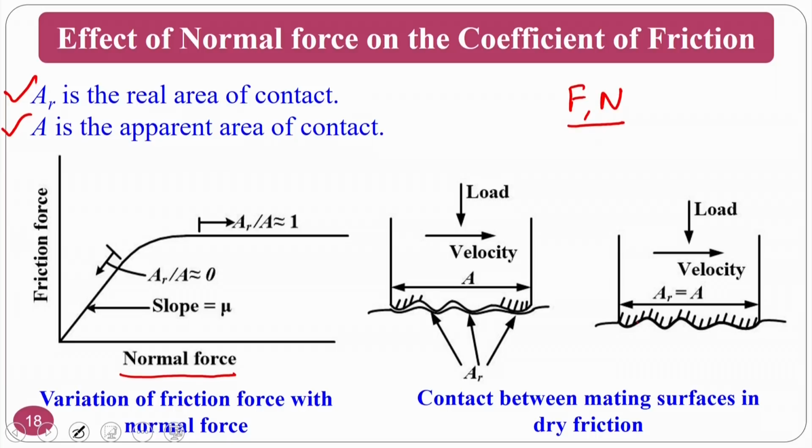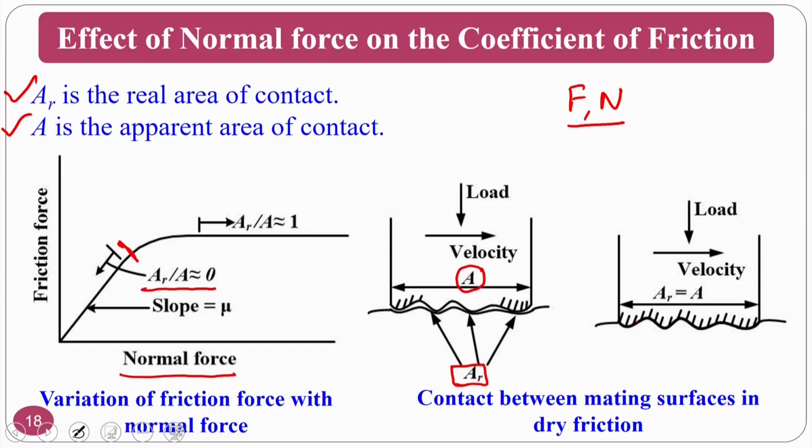So, if your normal force is in this region 1, what will happen? Your AR by A is approximately 0. Now, see what is meant by real area of contact and apparent area of contact. If you see here, this is the complete apparent area of contact, and this is the real area of contact AR.